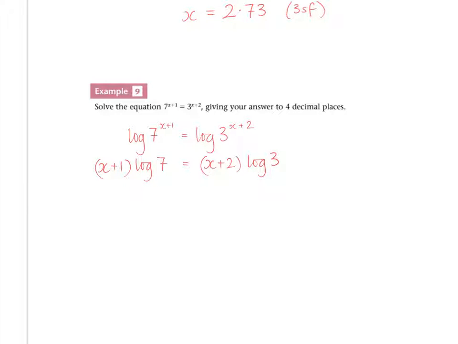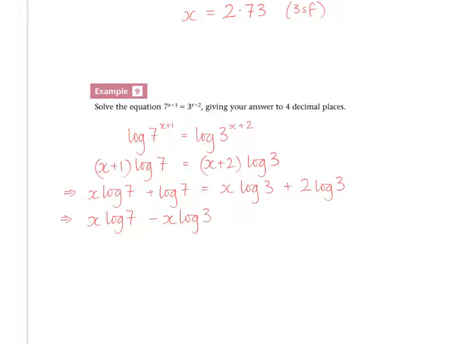Right, we want to try and isolate x, so this is quite a complicated one to solve because we've got x's on both sides. So what we're going to have to do is multiply each side out. So we're going to have x log 7 plus log 7 and on the right hand side we're going to have x log 3 plus 2 log 3. Take the x's to the left hand side and then take the log 7 to the other side.